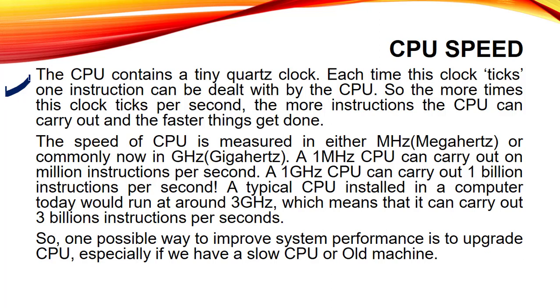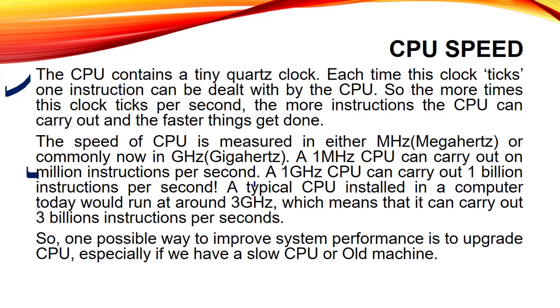Fine. Nowadays in all the new computers and new gadgets, the speed of the CPU is measured in gigahertz. A 1 megahertz CPU can easily carry out a million instructions per second. It means a simple 1 megahertz CPU can process 1 million instructions in a second.